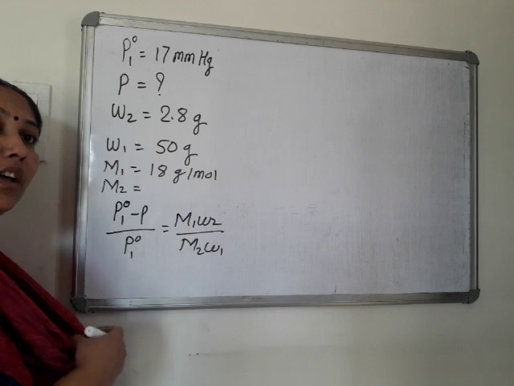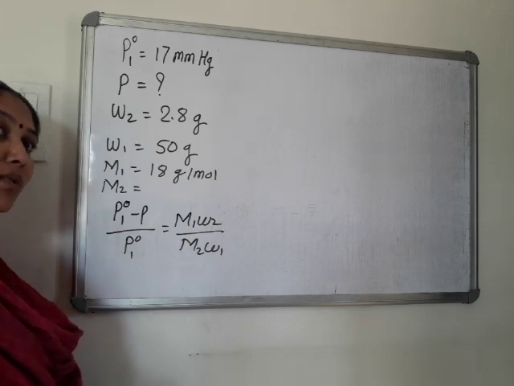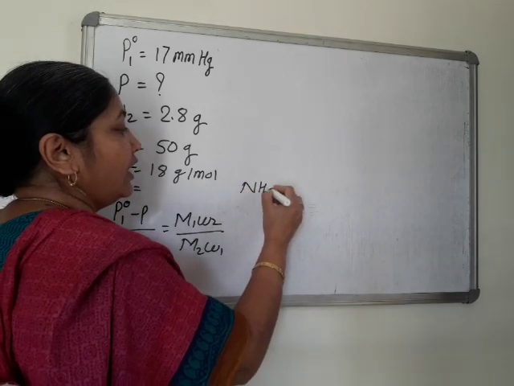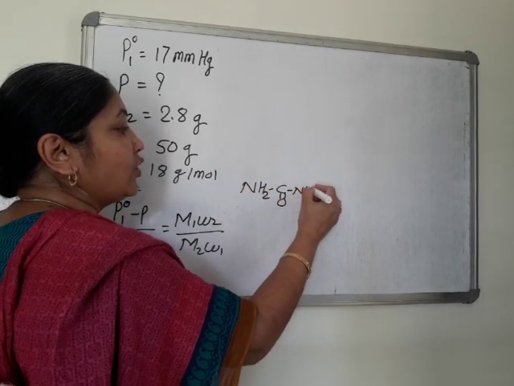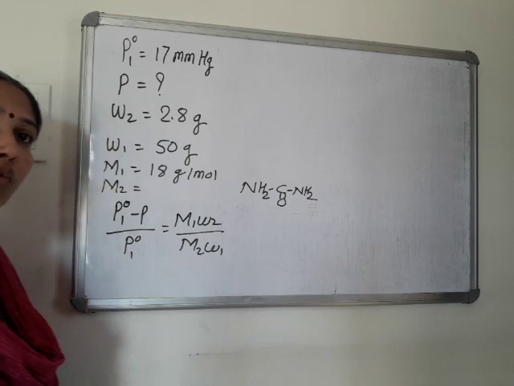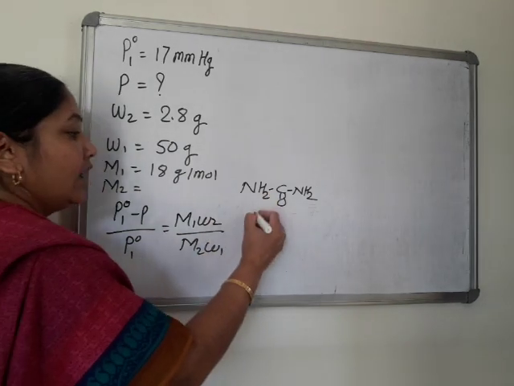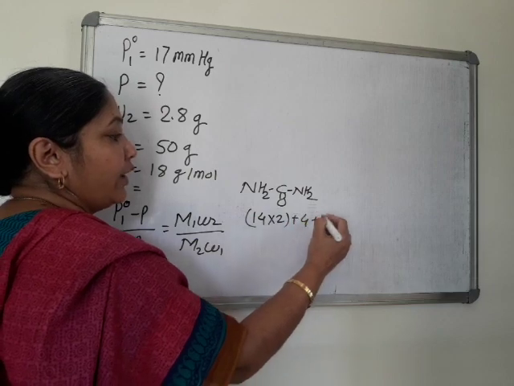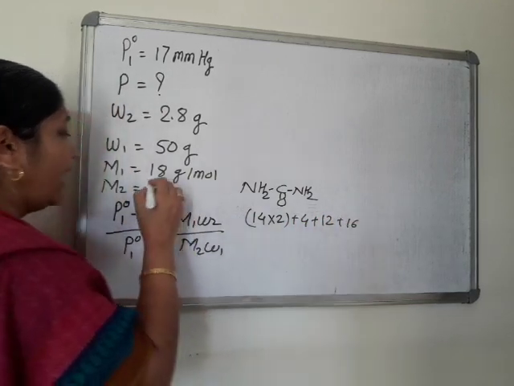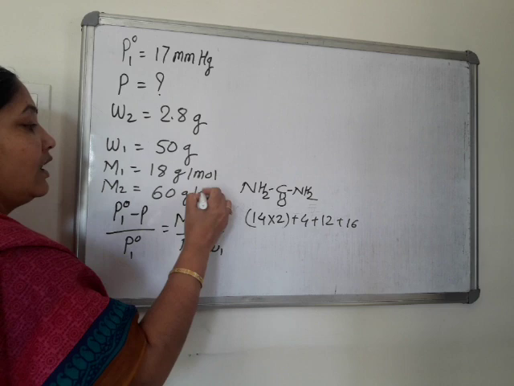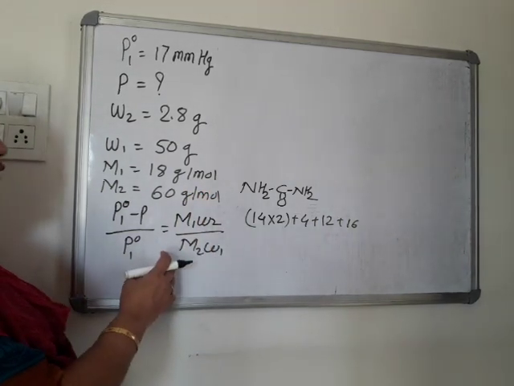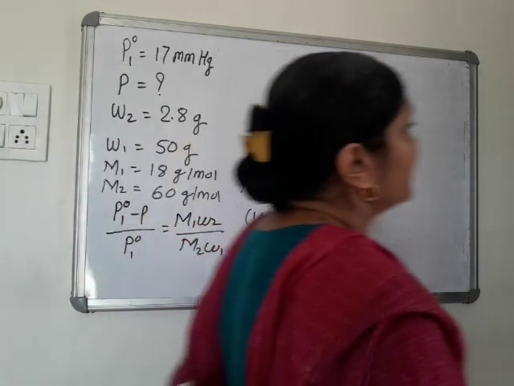NH3? No, that is ammonia. Urea is NH2CONH2. So what is its molar mass? Calculate. Nitrogen is 14, how many nitrogen? 2. Plus 4 hydrogen, plus 12, plus 16. Add these values. It is 60 gram per mole. Put the values in this and find P.